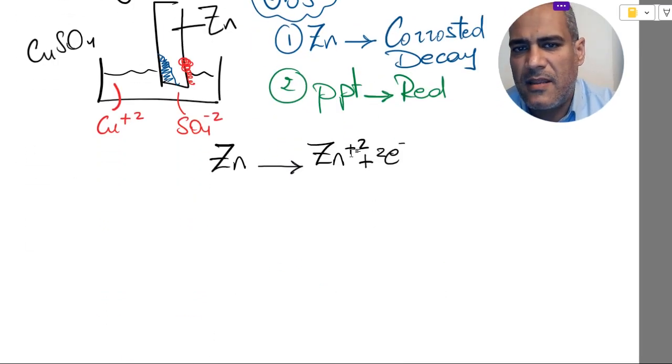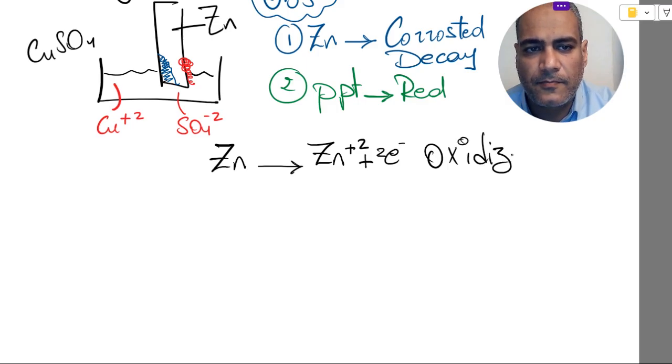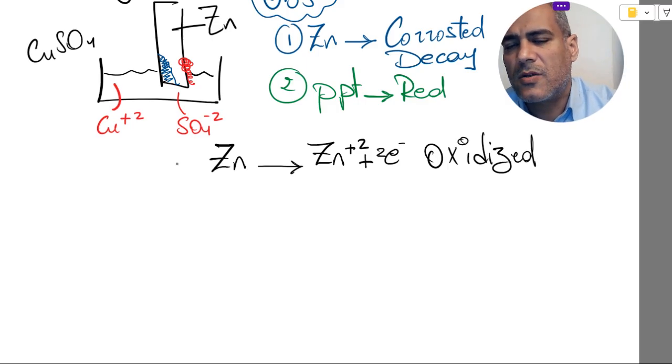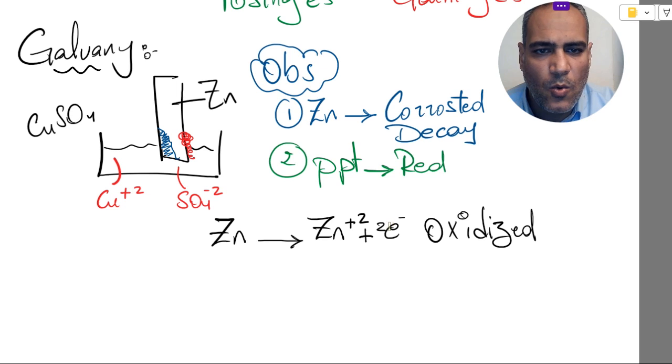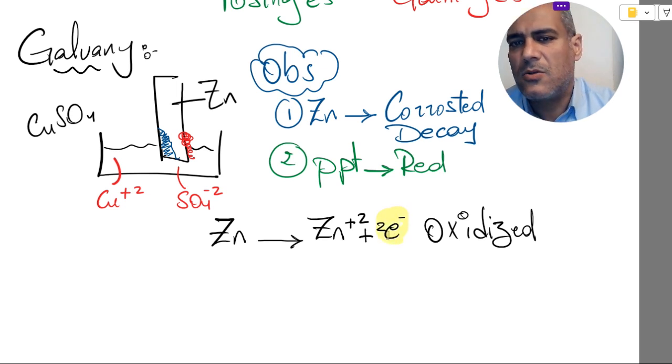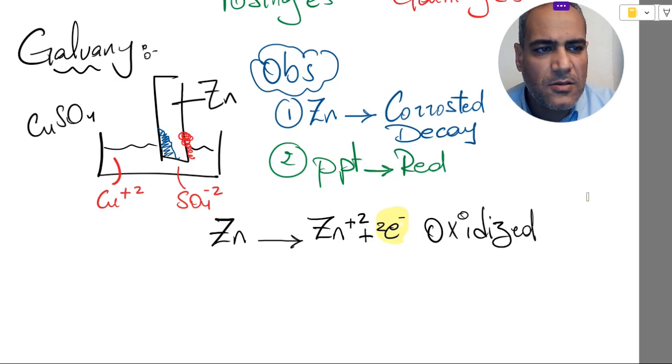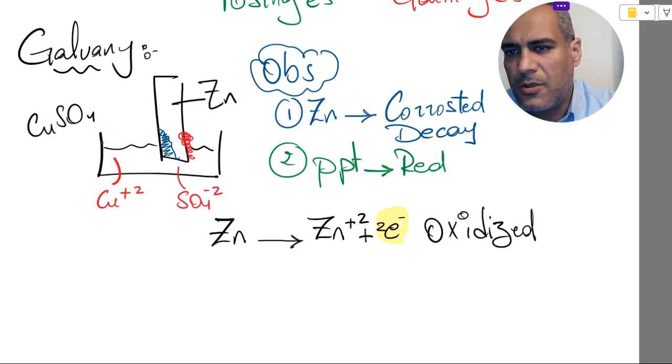So here the zinc is oxidized and has been dissolved in the solution through an oxidation reaction. But the question is, where do the two electrons go? The two electrons are transferred into the solution.